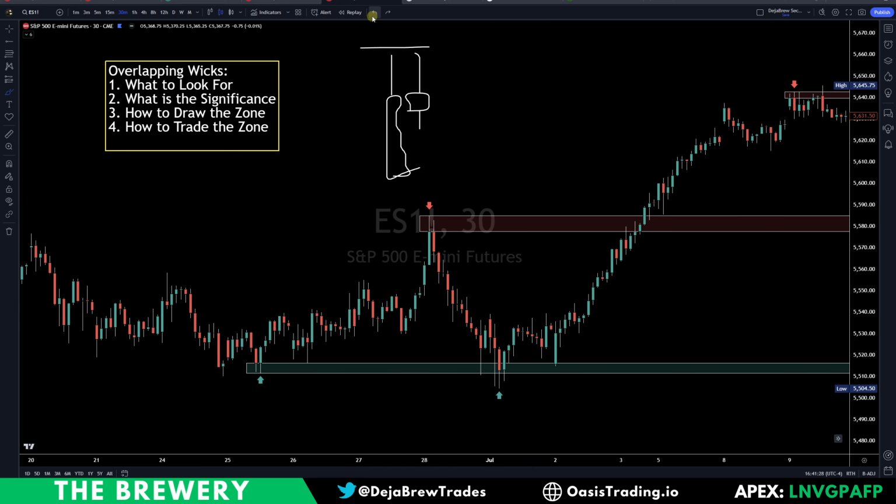So when you have this tweezer top, what the market is telling you is it likes this level for sell pressure. A lot of sellers are coming in and pushing that price lower as the buyers are trying to find higher value. So if the buyers were very strong, they would have a candle that looks like this. It would be a very strong body candle.